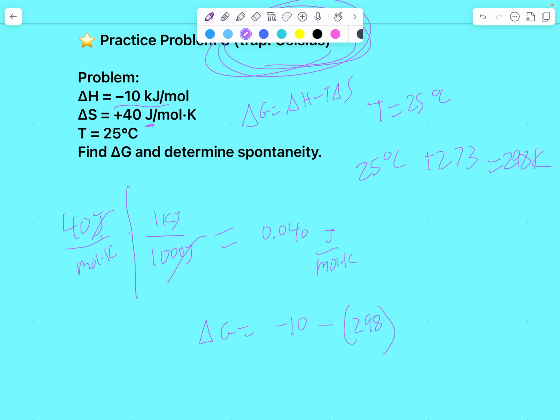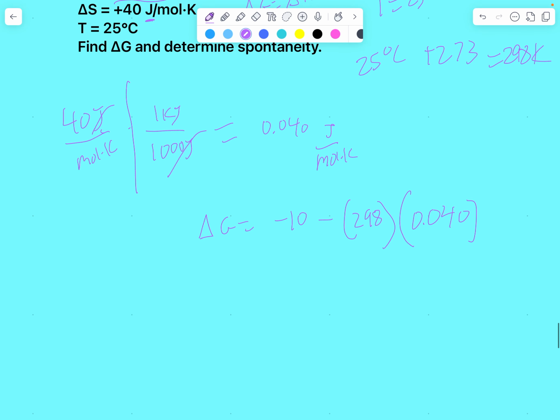It's right there. Now we have delta S, which we just wrote to be 0.040. You multiply this, you get a positive number, and then you put that negative right there. So you get delta G equals negative 10 minus 11.92, and then it's negative 21.92 kilojoules per mole.